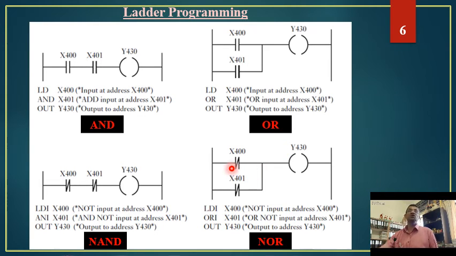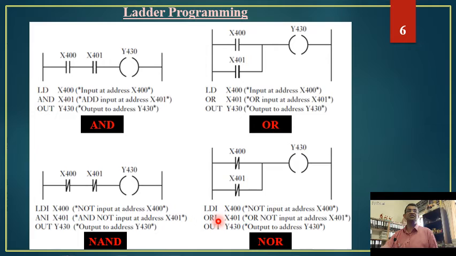So how to convert this ladder program into an instruction cycle? First of all, we have to load this one, X400. So LDI, I stands for normally closed, at an address of X400. Then in parallel we are connecting one more, that is why we have Boolean ORI.